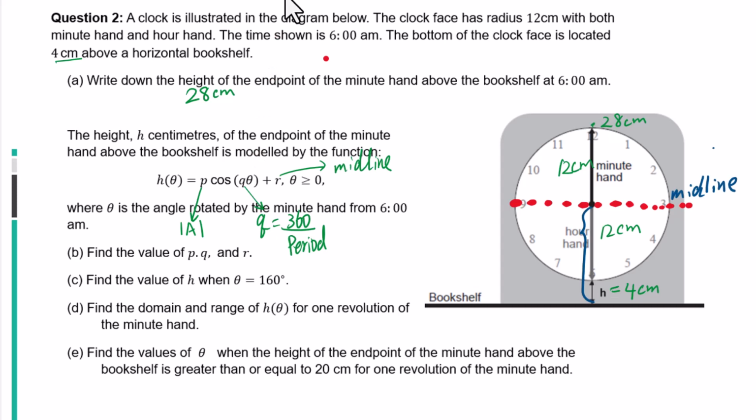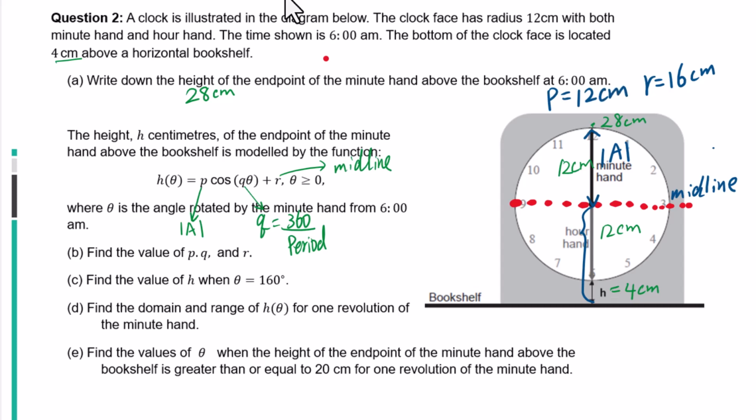From the ground to the midline, it's 12 plus 4, so R equals 16 centimeters. From the midline to the maximum, or from the midline to the minimum, this is the radius, which will be the amplitude. So P equals 12 centimeters.